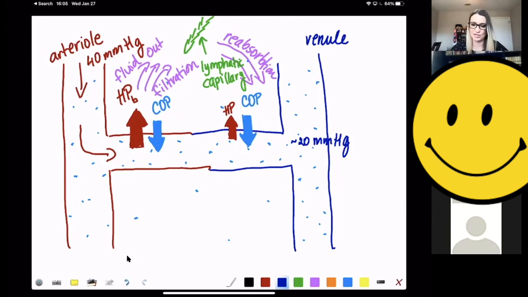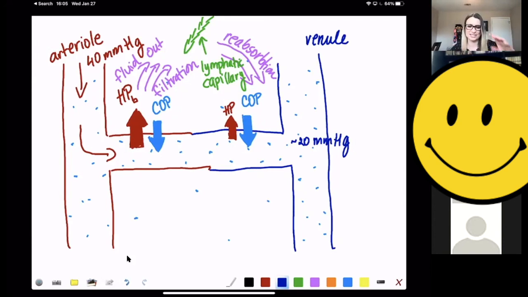Your textbook has a much busier picture of this. If you have read the chapter, you've already seen it, with the math where you have to add and subtract certain things. That image also shows the hydrostatic pressure and the colloid osmotic pressure of the interstitial fluid. I excluded those because they're so small, we can just ignore them.